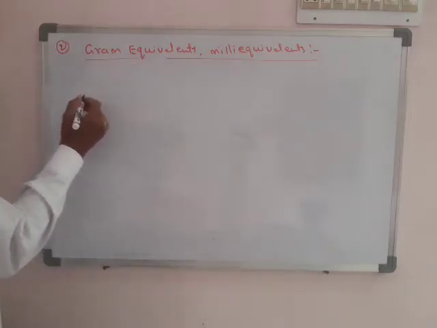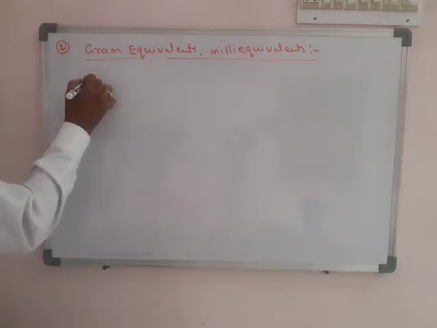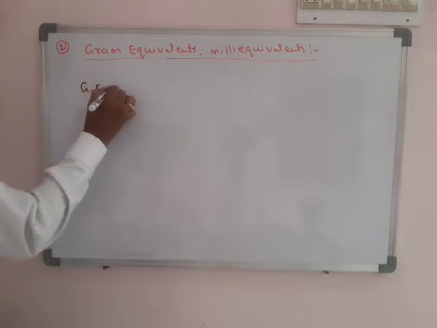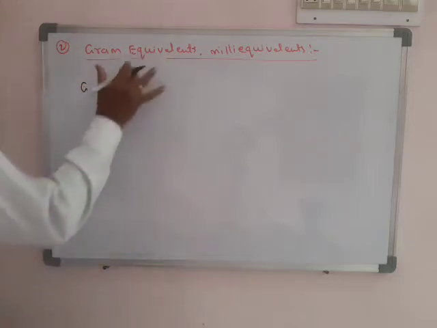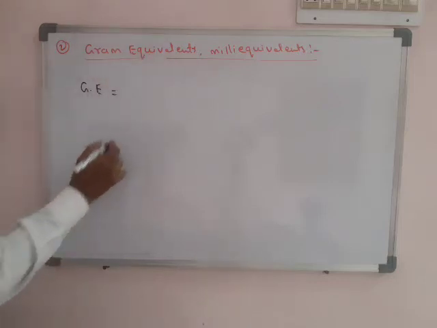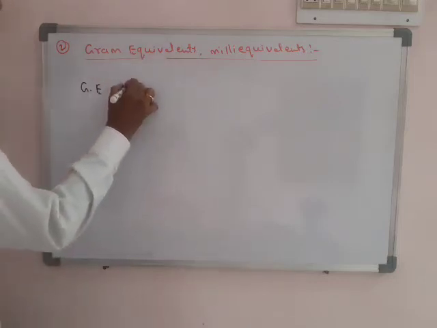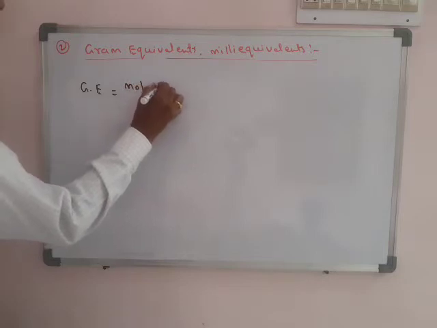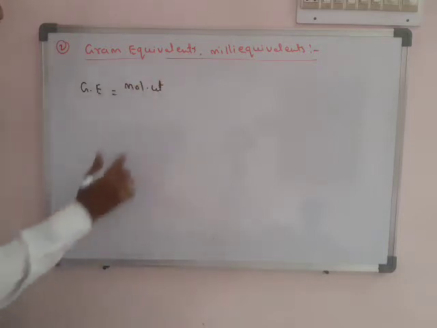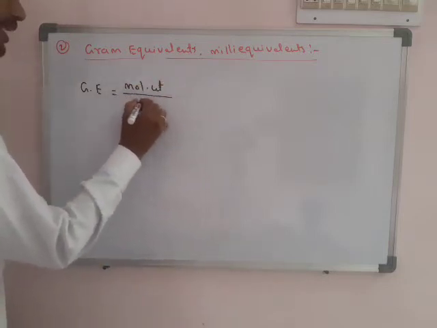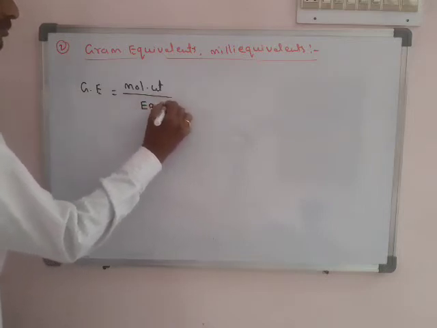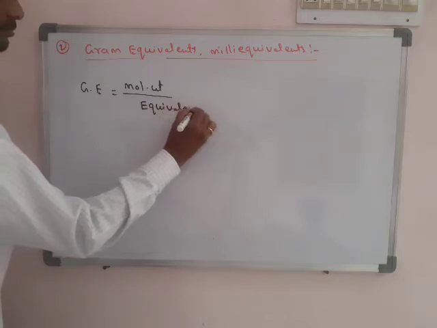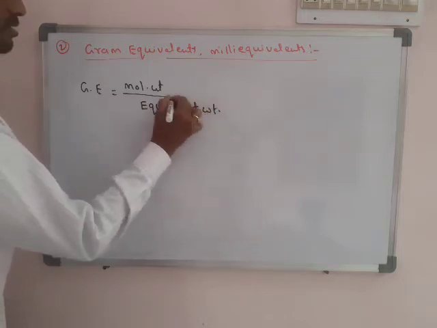Here gram equivalence is equal to molecular weight, formula weight, whatever, for an atom it is called atomic weight, divided by equivalent weight.